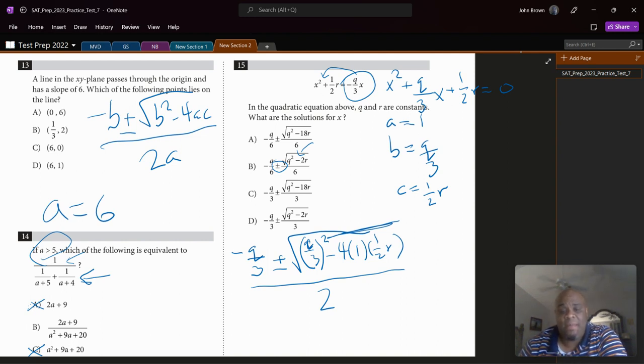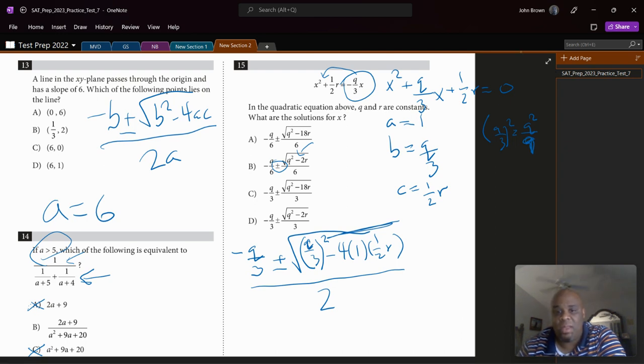I'm going to simplify, and 4 times 1/2 gives me 2. And I'm going to simplify the Q over 3 squared. Q over 3 squared gives me Q squared over 9, right? My 9s look like Qs and my Qs look like 9s, so sorry about that.